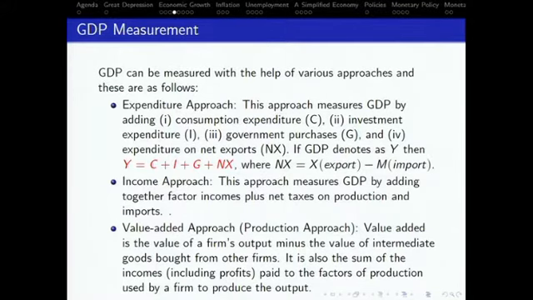But if you ask me to memorize one equation that will make your life much easier, then I will probably say memorize this equation: Y is equal to C plus I plus G plus NX. It's a very simple equation, but every time you address a macroeconomic problem, that equation gives you a clear idea what you are doing or what you need to do. Is that clear? So this is how GDP is measured.